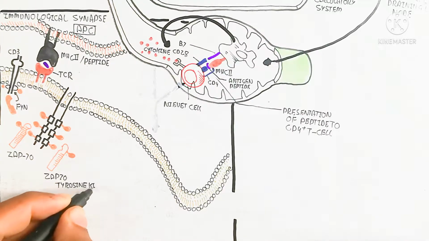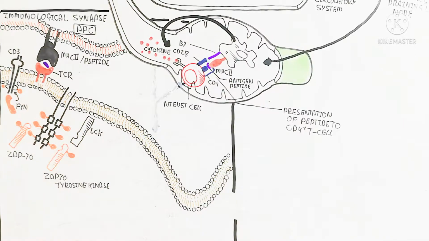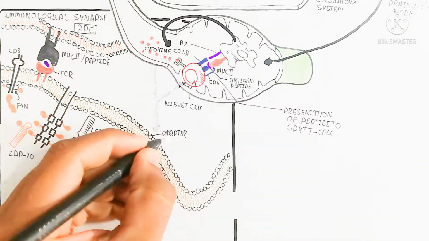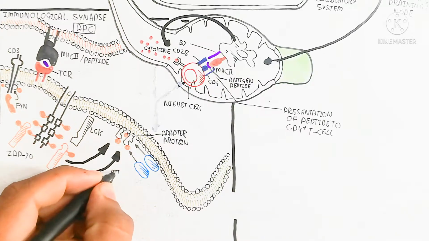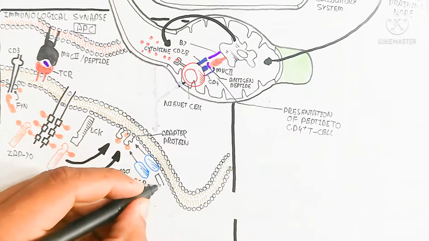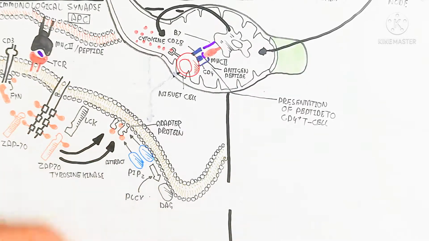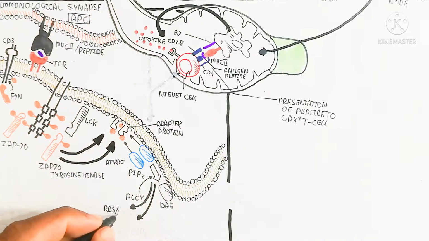This is the cascade of phosphorylation occurring through kinase enzymes. The tyrosine kinase enzyme is attracted toward here, and the adapter protein is phosphorylated. After the phosphorylation, many proteins are attracted, for example PIP2, which is converted into DAG, diacylglycerol, from phosphatidylinositol bisphosphate.